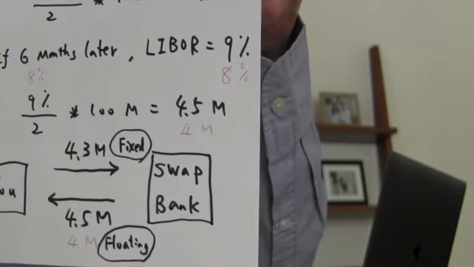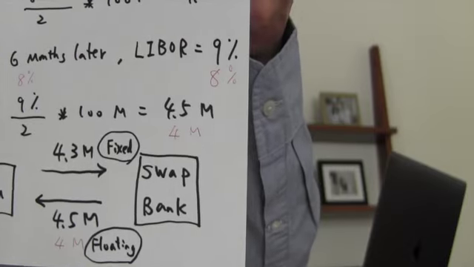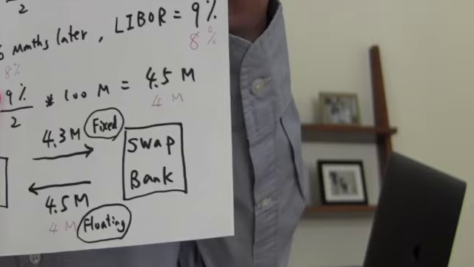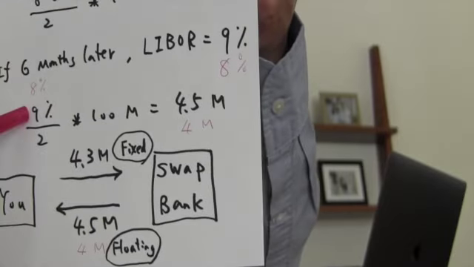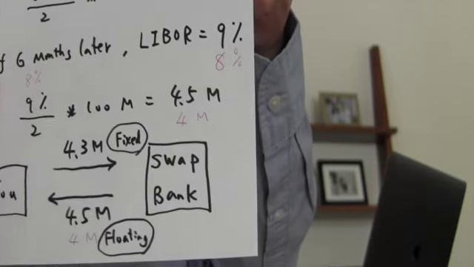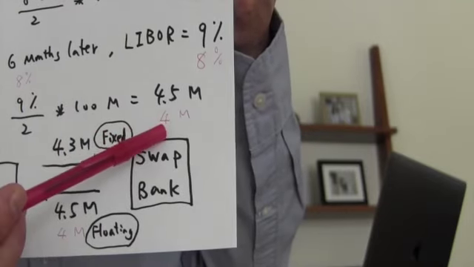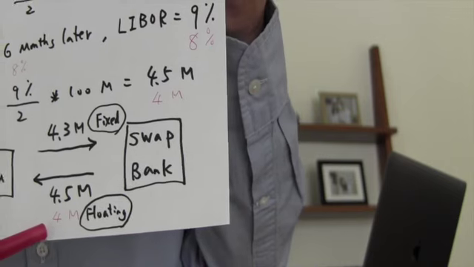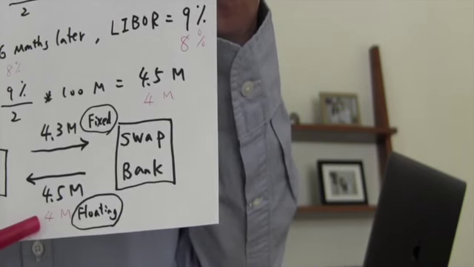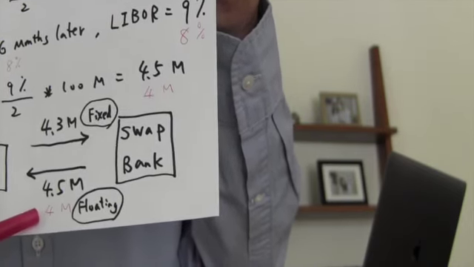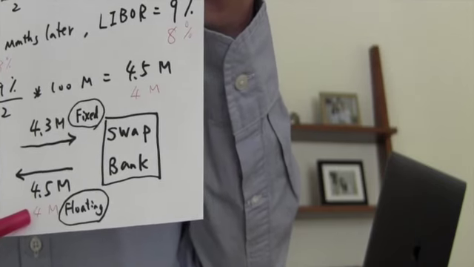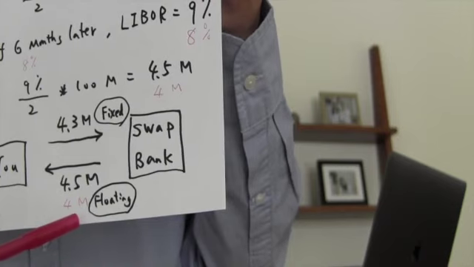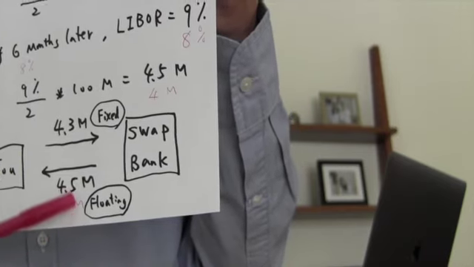For the floating payment that we receive, we would put 8% in place of the 9%, and that gives us $4 million, shown in red here. So when LIBOR is 9%, we receive $4.5 million. When it's 8%, we only receive $4 million. So this is floating.